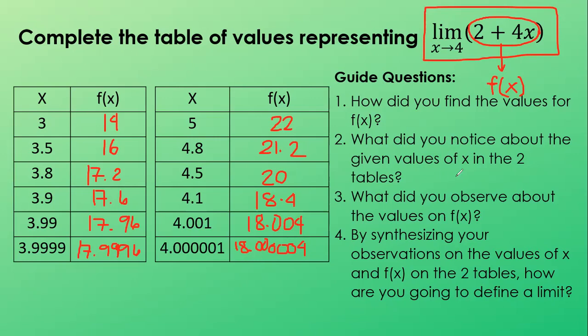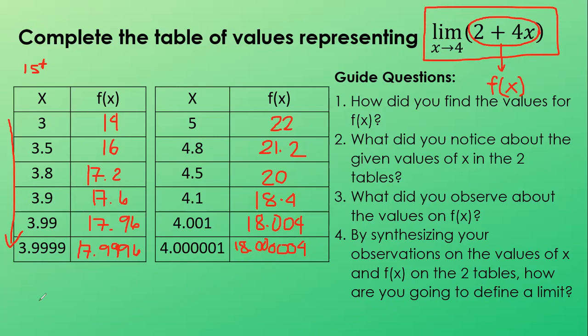Okay, so kung mapapansin natin, tingin muna tayo sa first table. Nagsimula sa 3 hanggang umabot sa 3.9999. Okay, so habang bumababa tayo sa ating table, it has an increasing value, and also it approaches, or lumalapit yung value niya sa isang certain value.